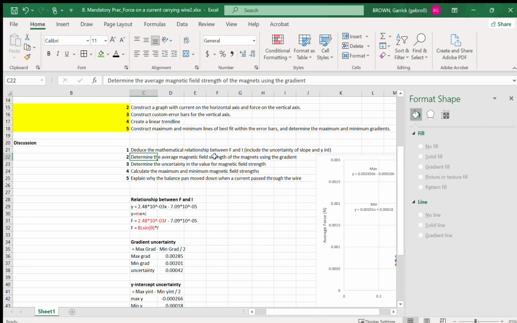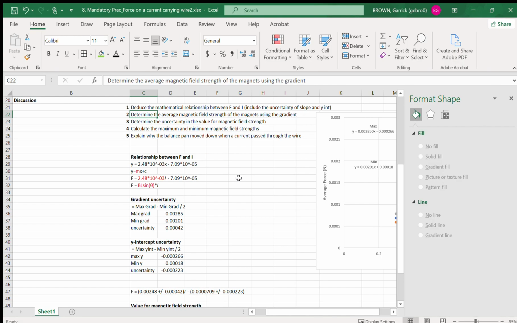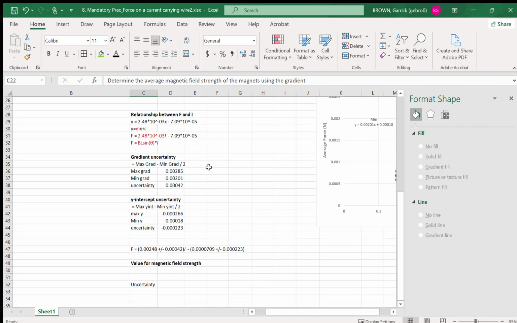the average magnetic field strength, and that's sort of coming back up to what I was doing up here. So we can look at the formula as representing our, if you can see here what's highlighted, BL sine theta.